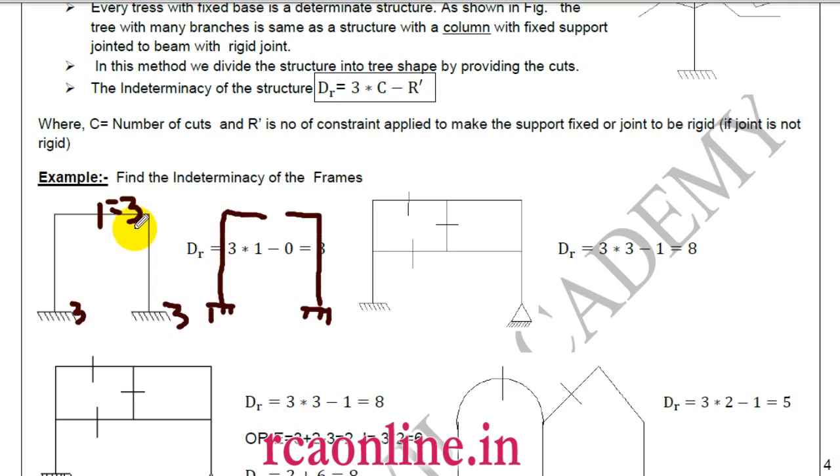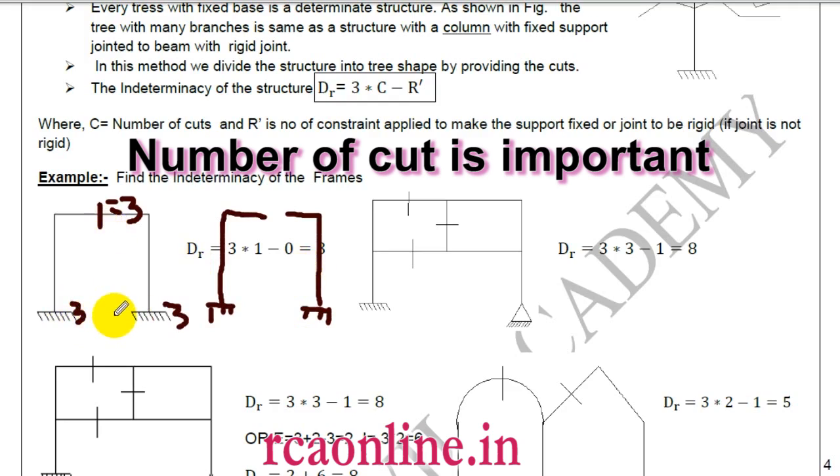So what is the static indeterminacy in this case? It will be 3 directly, because we make one cut to make the trees. How many trees we make is immaterial. The important part is how many cuts we do.